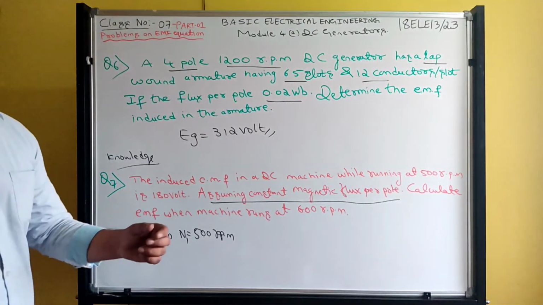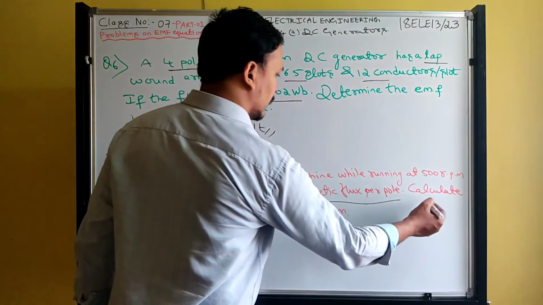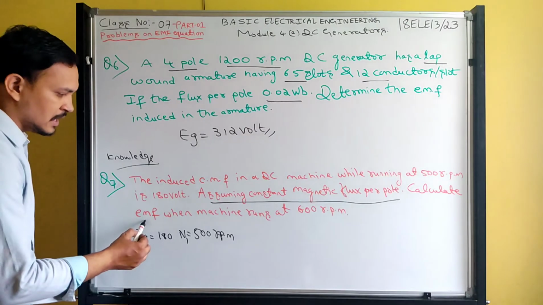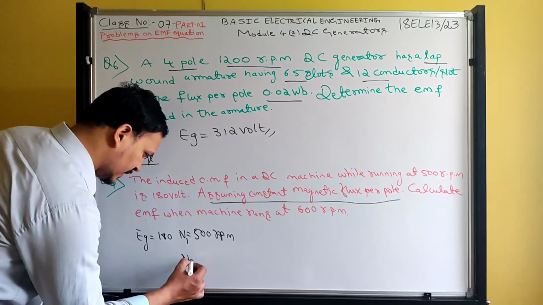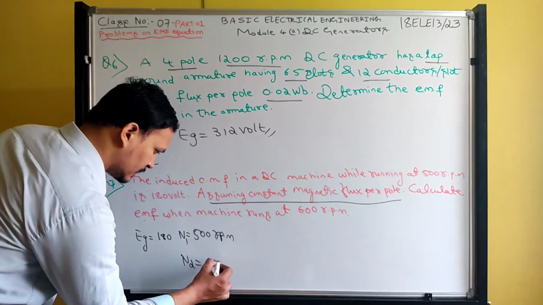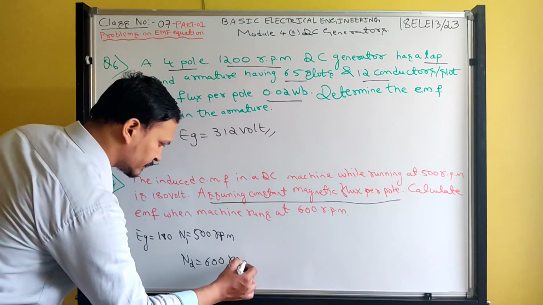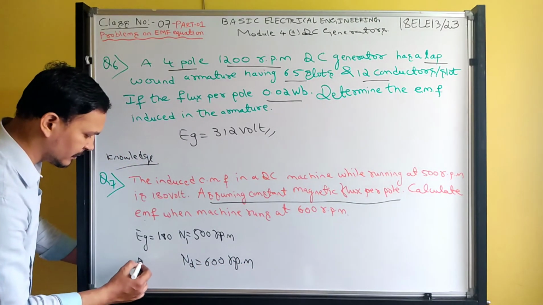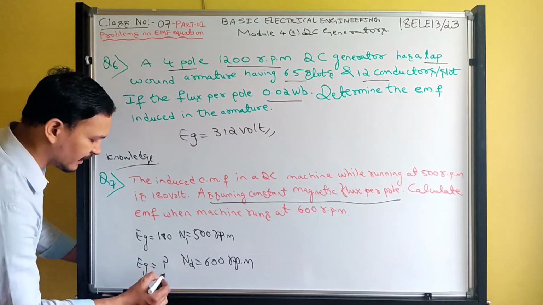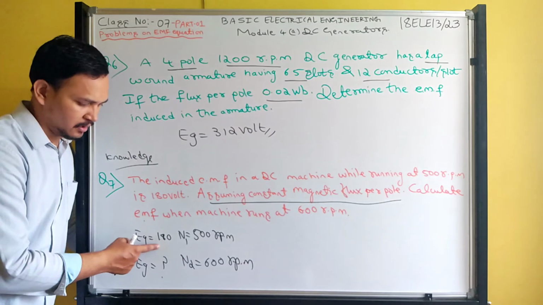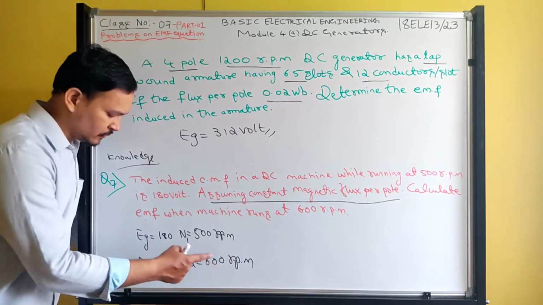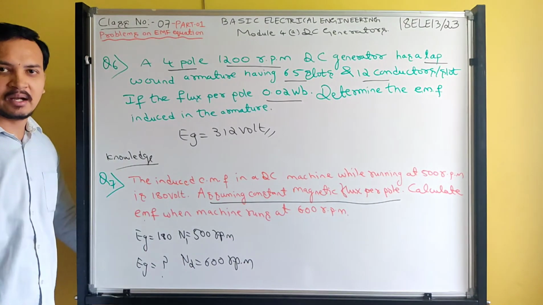Okay, flux is constant. Calculate the EMF when the machine runs at 600 RPM. Now the machine is running at 600 RPM, and what will be the EMF generated? When it runs at 500 RPM, this much voltage is generated. When it runs at 600 RPM, what is the voltage generated?